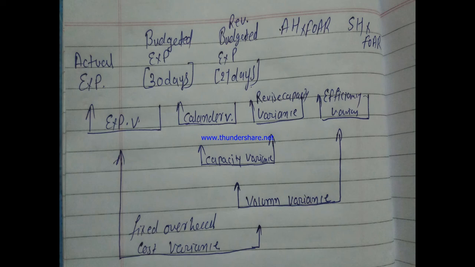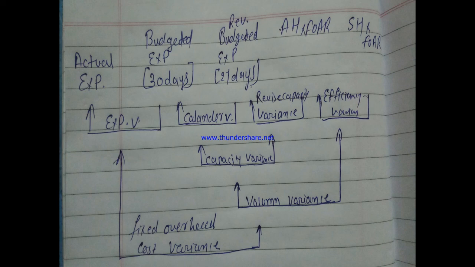And if I want to calculate calendar variance, at that time I do column number 3 minus column number 2, meaning revised budgeted expenditure minus budgeted expenditure. And if I want to calculate expenditure variance, at that time I do column number 2 minus column number 1.